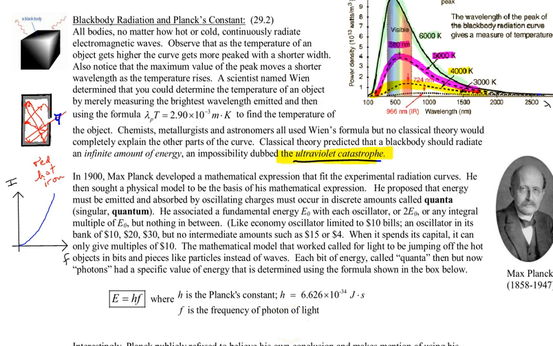So Planck proposed that atoms do not emit or absorb light continuously, but in chunks or packets or bundles of energy, which he coined quanta, plural, or quantum for singular. This revolutionary idea brought forth the field of quantum physics, that you think of light as being bundles or packets of energy and not as a continuous wave.